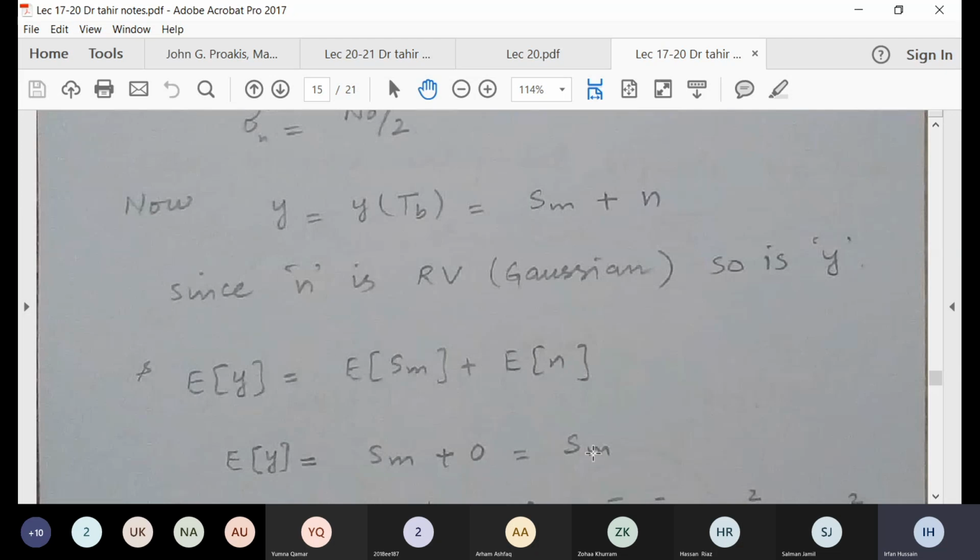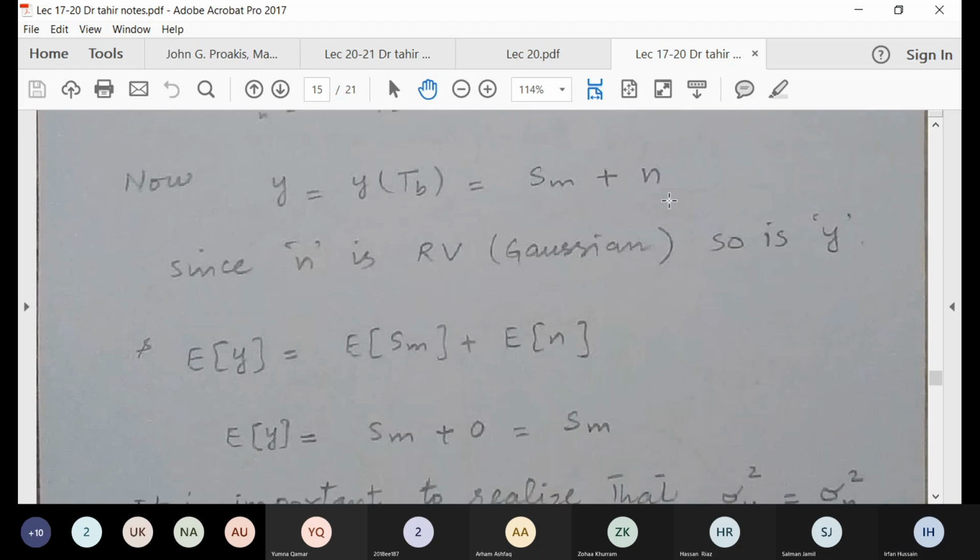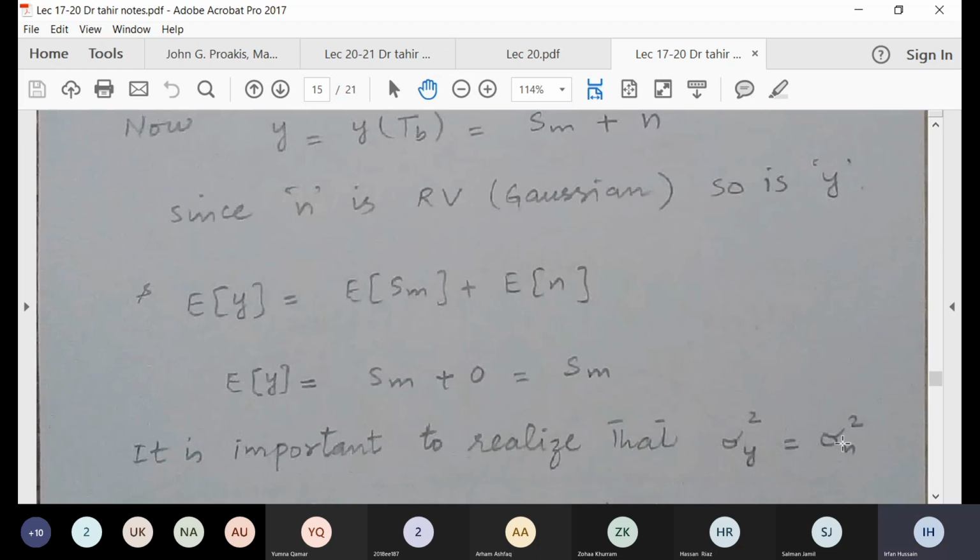Okay, but what will be the variance of y? Now please see a little bit of difference, which I actually forgot. Remember that variance of y will be equal to E of y minus its mean, squared. Now y minus its mean is y minus s of m, because the mean of y is s of m. s of m cancels. This means that variance of y is equal to variance of n.